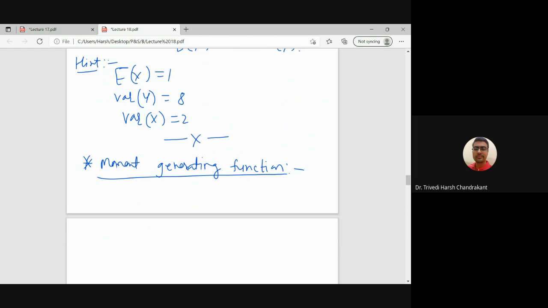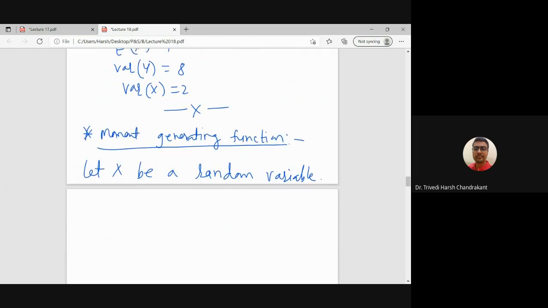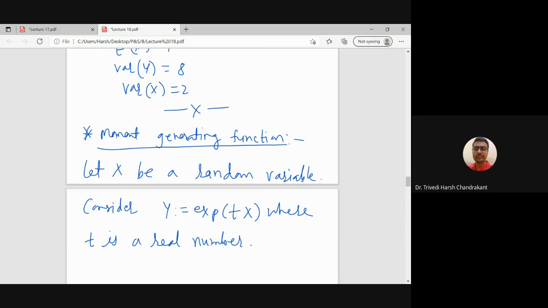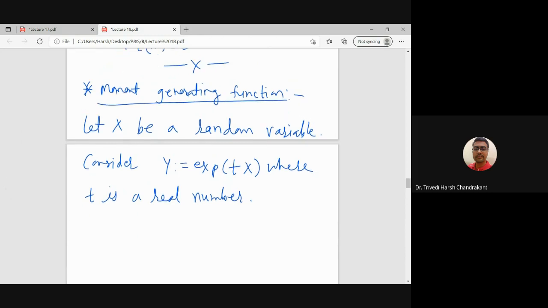So let x be a random variable, and consider a new random variable, that is exponential of t times x, where t is a real number, also called the parameter. And what is the moment generating function?